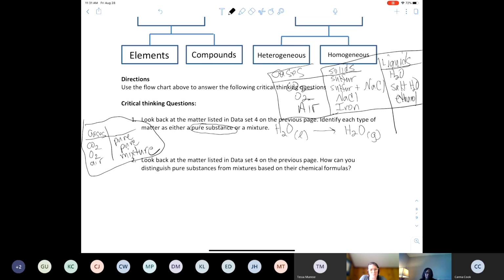The liquids: the water is a pure substance, the ethanol is a pure substance, but the salt water is a mixture. Then you can do the same thing for the solids. They're all pure substances except for the sulfur NaCl combination. That one is a mixture.